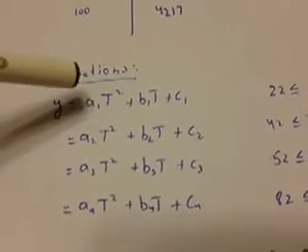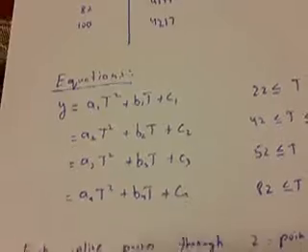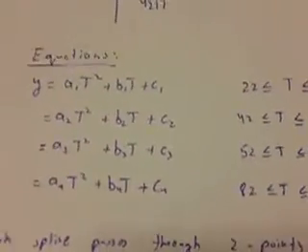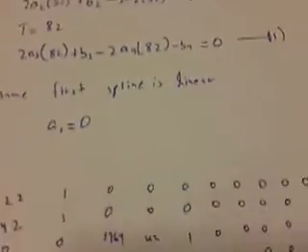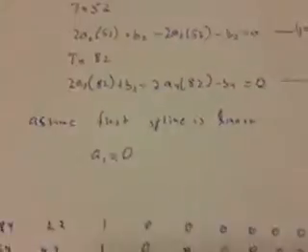If we make a1 equals to 0, then there is no more t squared. There's only b1t plus c1. So the highest power is 1. And as you know, in linear equations, the highest power is 1. So when we say a1 equals to 0, we're basically saying that we've assumed the first spline to be linear.